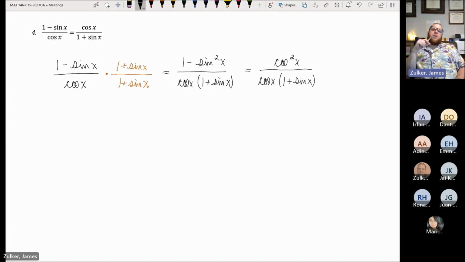Isn't it cosine squared, by the Pythagorean identity? Then you have cosine squared over cosine, common factor of cosine.